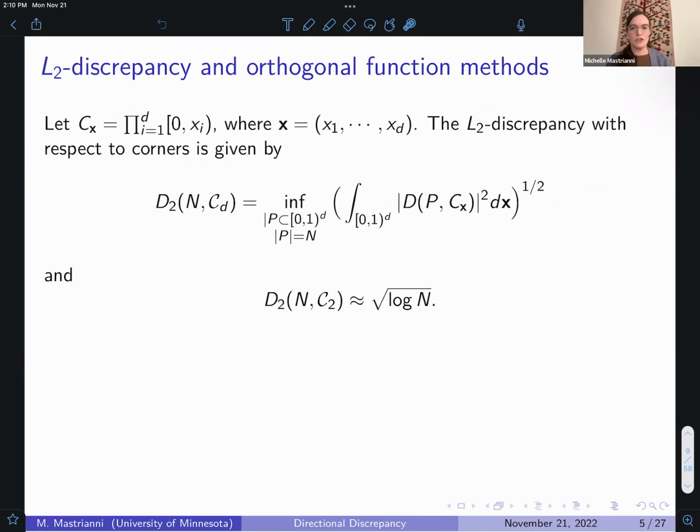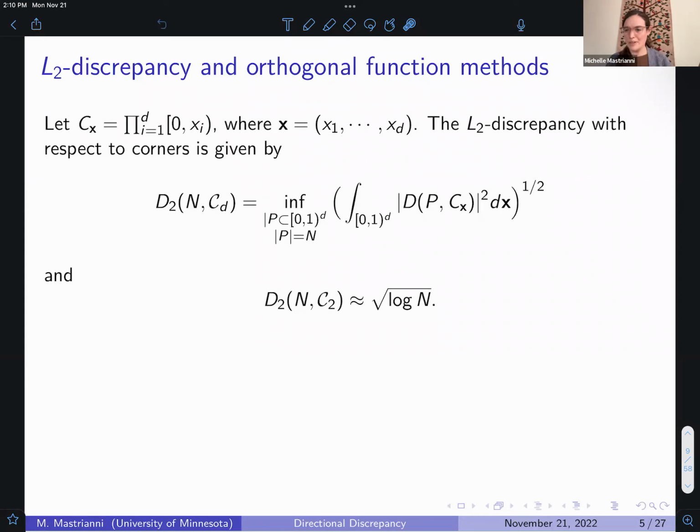Okay, so I mentioned that for lower bounds, we can use orthogonal function methods to get lower bounds on the discrepancy. And the way that this is done is actually by using an L2 average of the discrepancy.